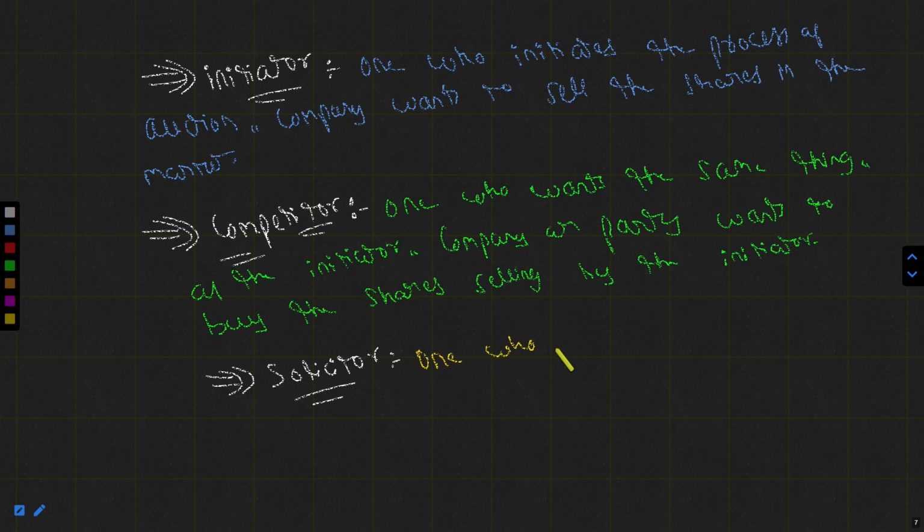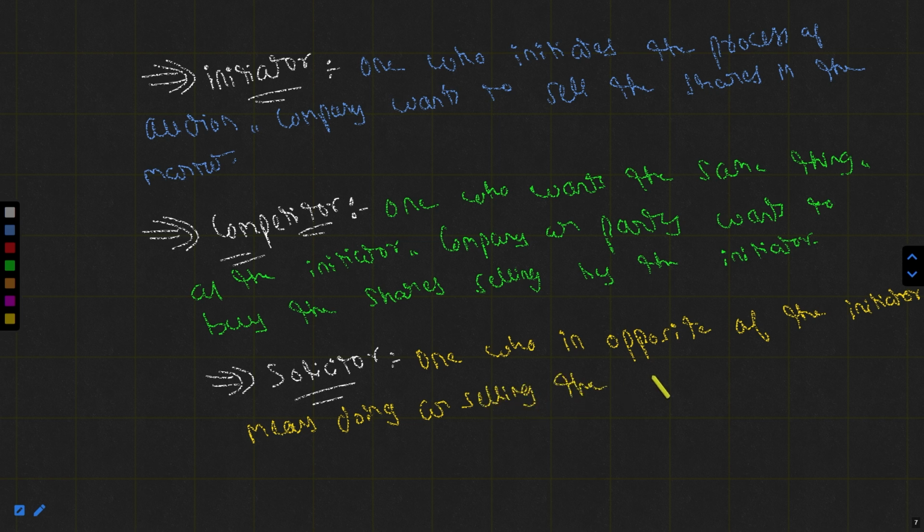One who is in opposite of the initiator, means doing or selling the same asset as the initiator. All right, so these are the three main players of the auction market.